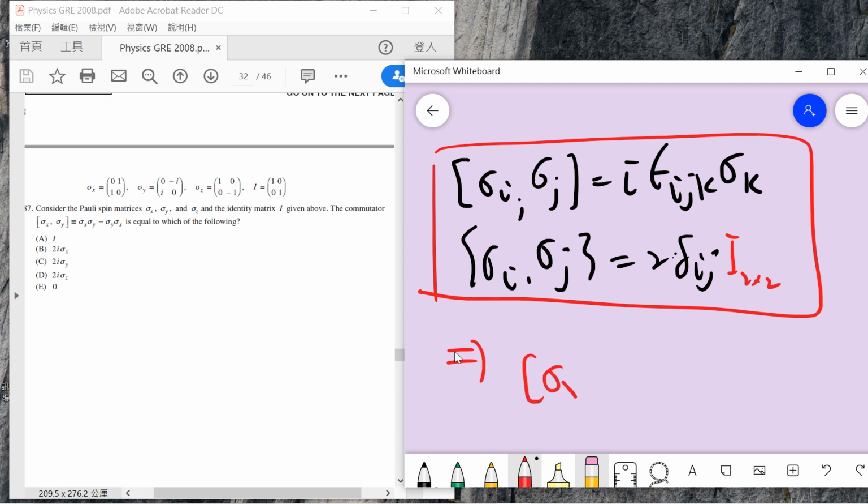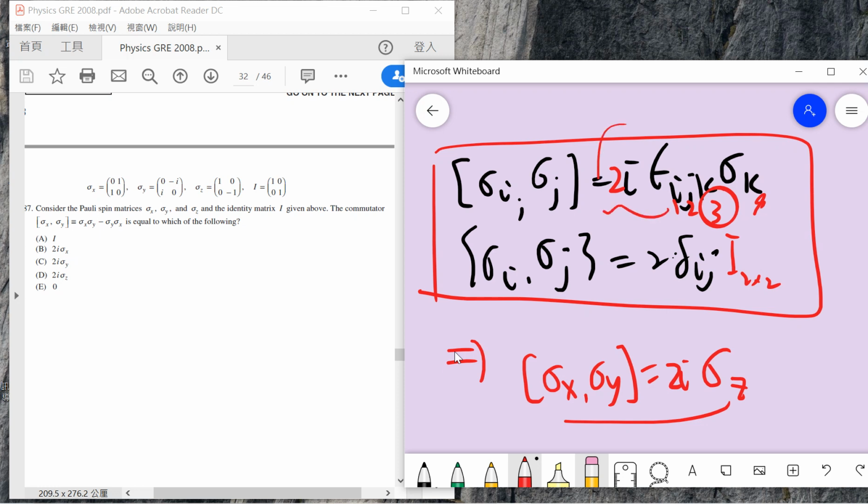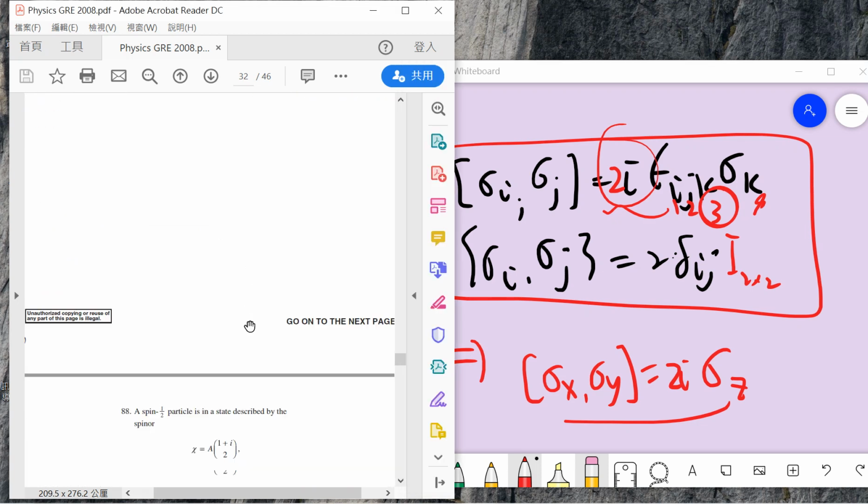So sigma x sigma y is i sigma z, because of 1, 2, the remaining one is 3. So the answer is 2i sigma z. So the answer is D. Or you can compute it directly by yourself.